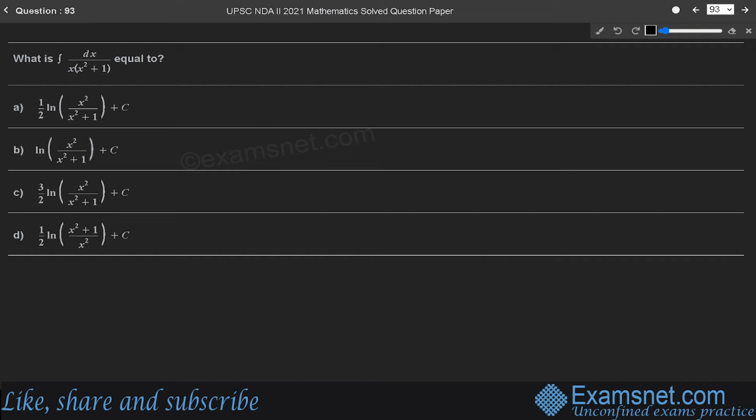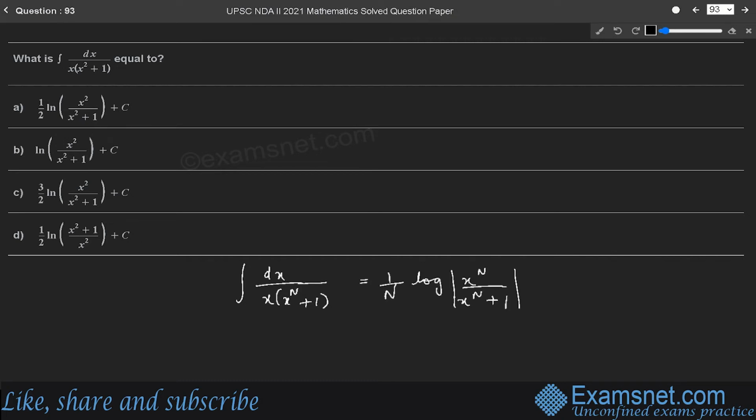The short trick is, if there is any integral which is in the form dx upon x into x to the power n plus 1, then it is always equal to 1 by n log x to the power n upon x to the power n plus 1.